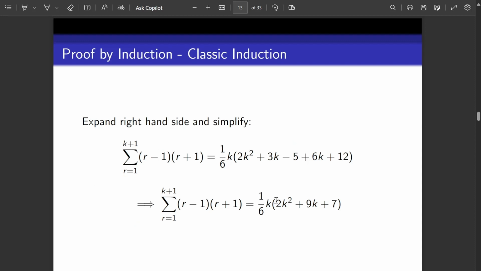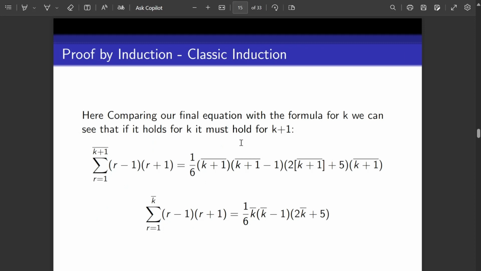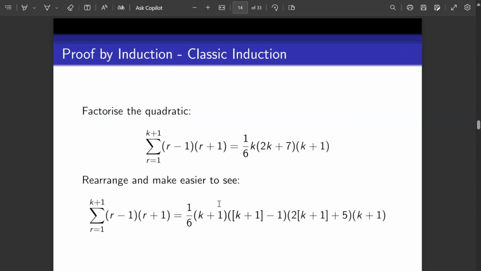So we pull out the 1 over 6k and then expand everything into a quadratic, and factorize it. It looks a bit difficult to see here. Okay, I'm sorry, I'm getting a bit lost. Okay, right. When you factor out the quadratic, you get this, and this is really just k plus 1 substituted in disguise.